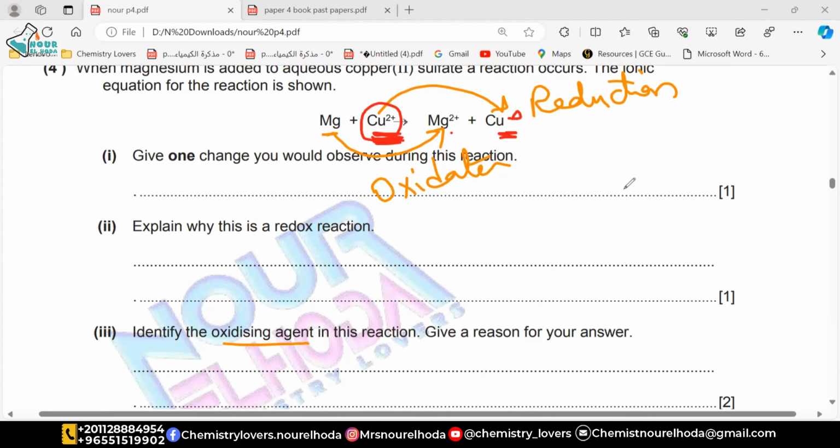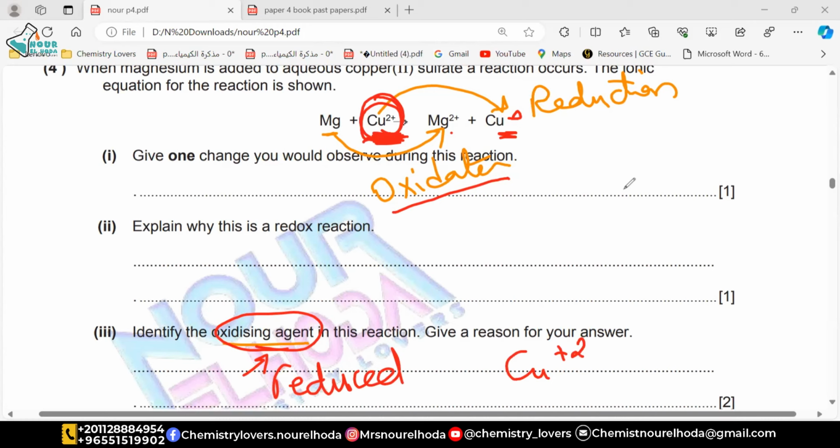Again, which one is the oxidizing agent? You are going to search for the species that is reduced. What is reduced is the oxidizing agent. If I check, the copper positive 2 is what underwent reduction. So I'm going to say copper positive 2, or copper ions, but don't go and say copper. Copper here is not reduced.